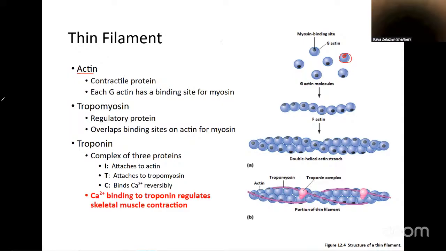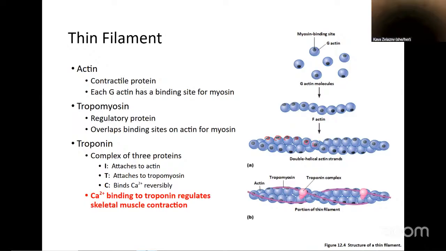Now, building a filament, instead of just these little globules, this G-actin, we link them together in a line first. That's the F-actin. Think of it like a filament. But ultimately, we're going to have a double strand in this kind of helix structure. So we have a double helix, just like with DNA, where we have them linked together in lines with their myosin binding sites also oriented in a line.